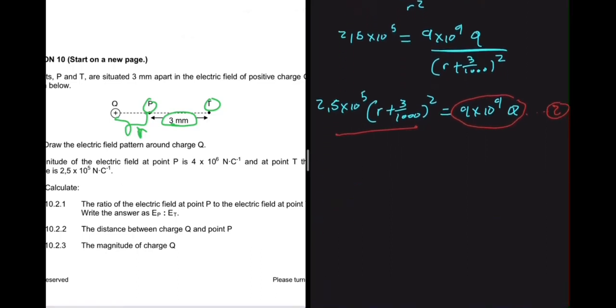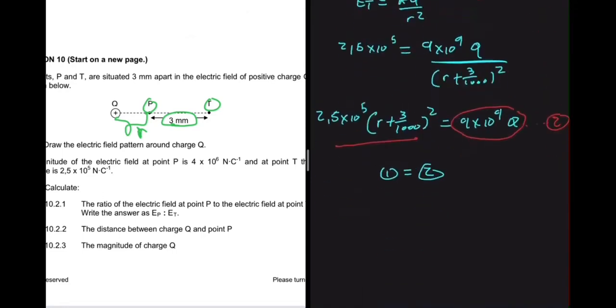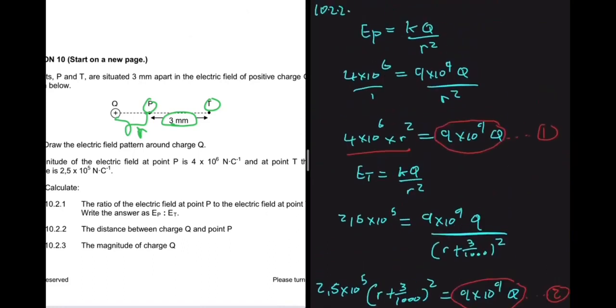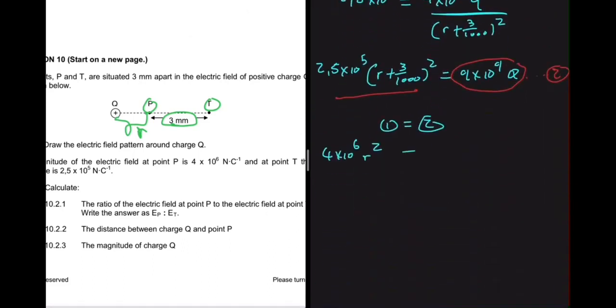So if we do that, we can say that equation 1 is equals to equation 2, obviously, because they're all equals to 9 times 10 to the 9 multiplied by Q. So equation 1 there was 4 times 10 to the 6 multiplied by r squared. Yes. And then our equation 2, we have 2.5 times 10 to the 5 multiplied by r plus 3 divided by 1,000 squared, right?